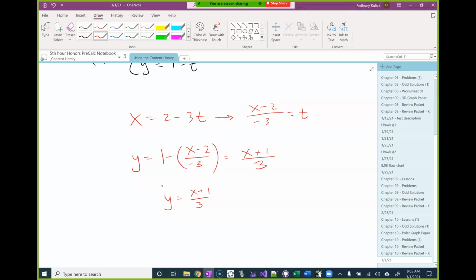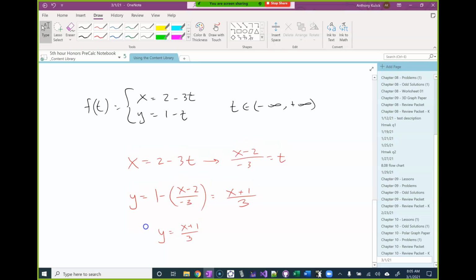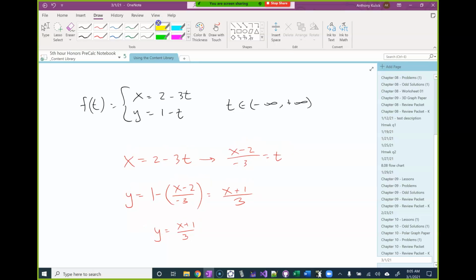So how are we going to do that? What we do is we go back to our original function. To figure out the domain, we're going to look at which coordinate, x or y? X, right? The domain is always about the x coordinate. And we're going to look at the range of this function where t is the domain.